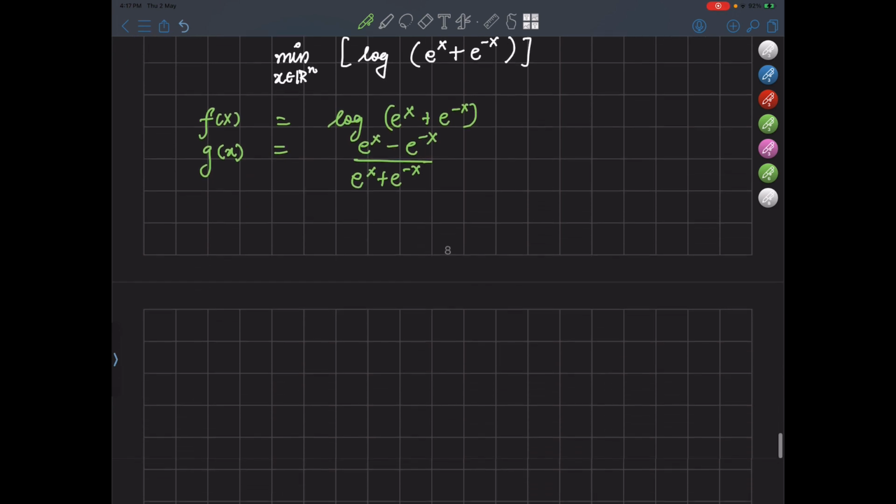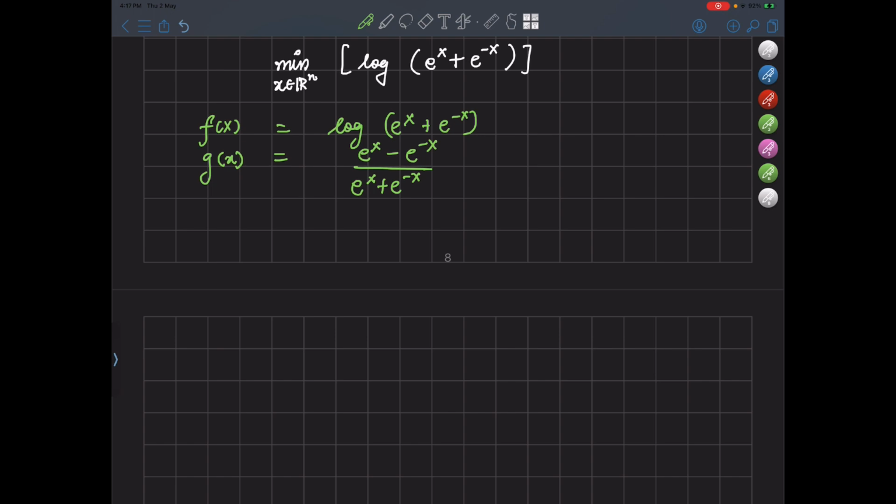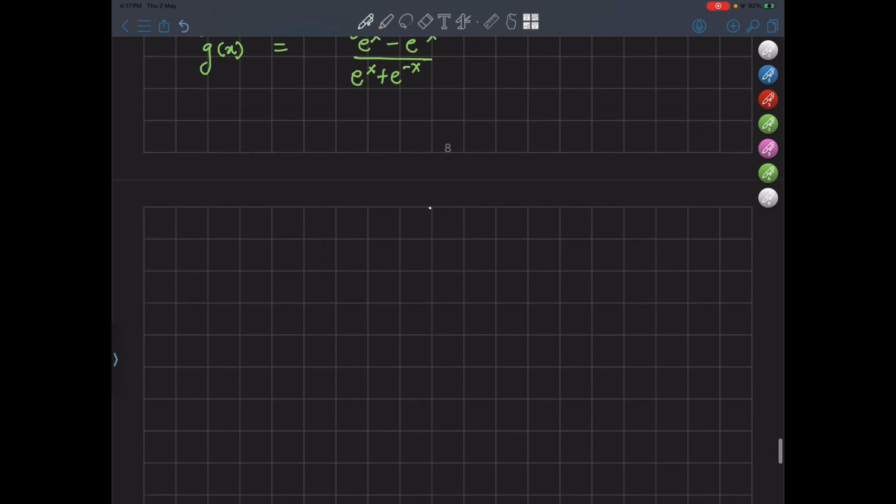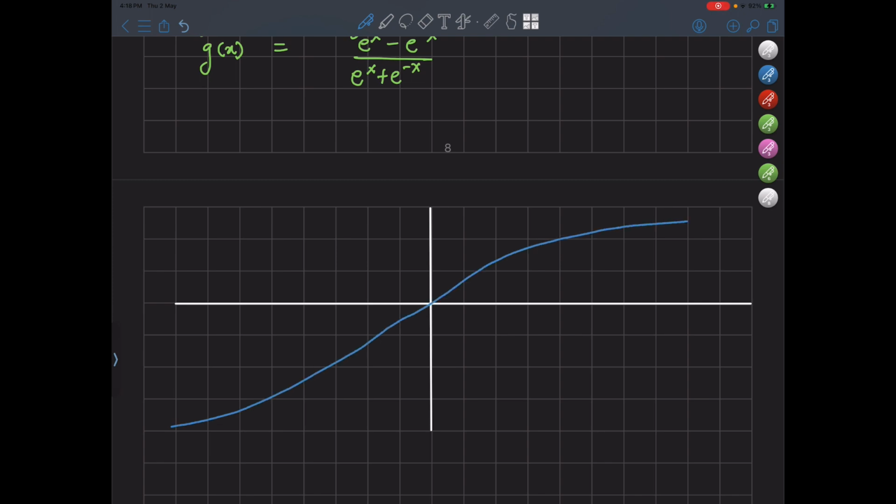And if you look at the graph of the gradient, it will be something like this.